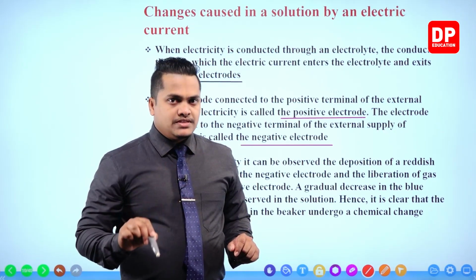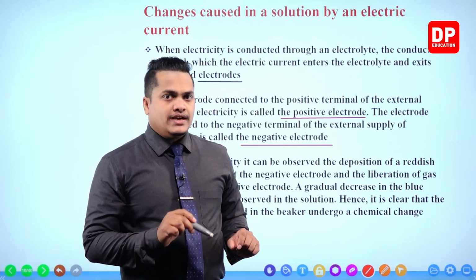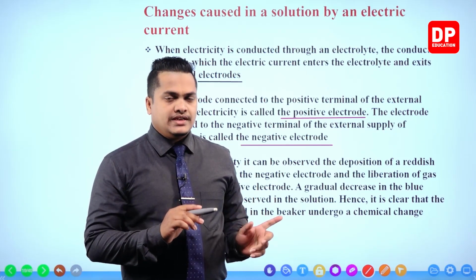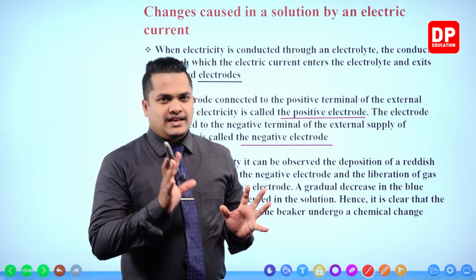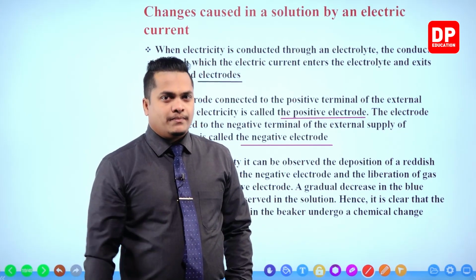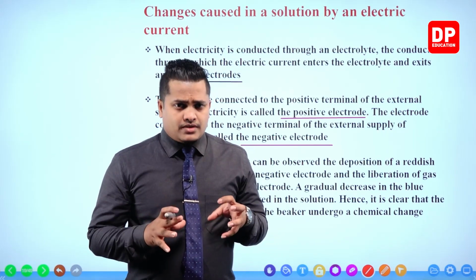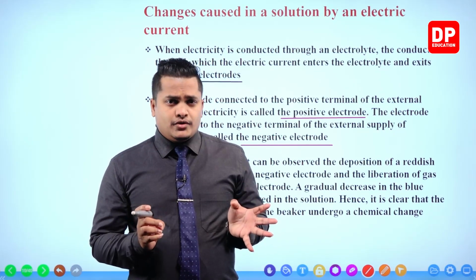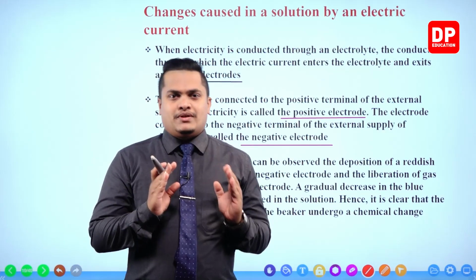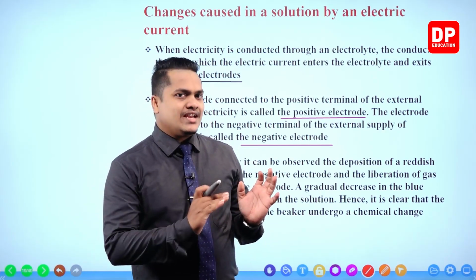Electric current comes through the positive electrode and passes towards the negative terminal. You know that the electron flow happens in the opposite direction, right? But however, we are talking about the electric current. So electric current is coming from the positive terminal and going towards the negative terminal.